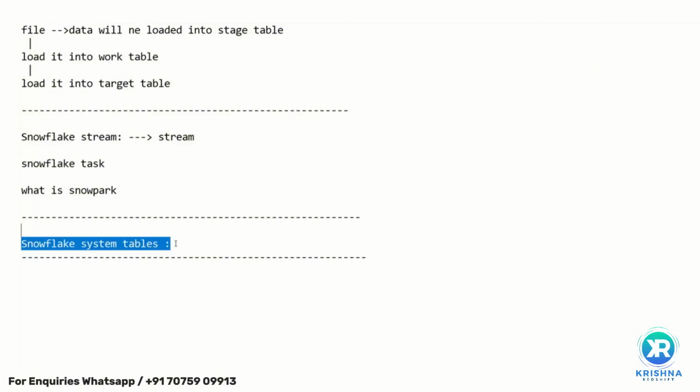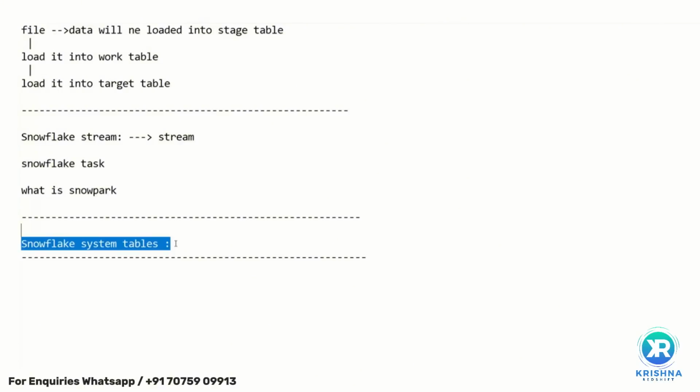There are some tables which hold all this information: when a table is created, who created it, when it was last altered or last accessed. That is called Snowflake metadata, or the data dictionary.